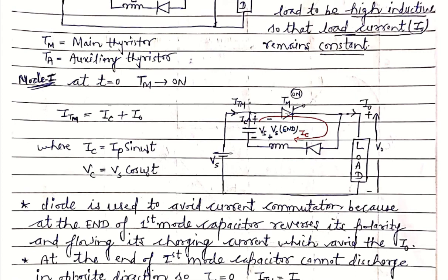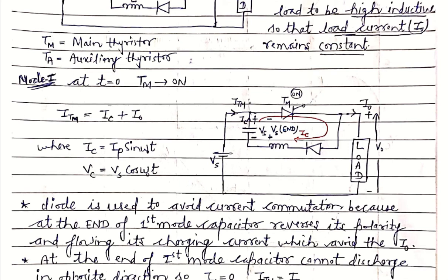The main thyristor is in on condition, so it is almost short circuited, and this capacitor with the LC combination, which is a resonating circuit, will provide the charging current to flow in this direction as shown by the red line.